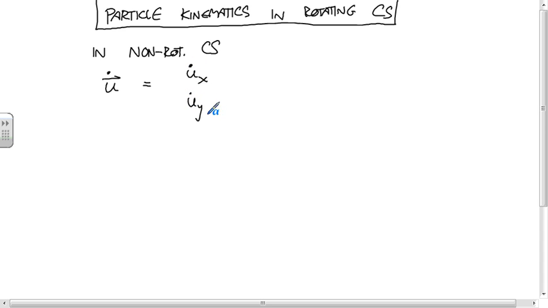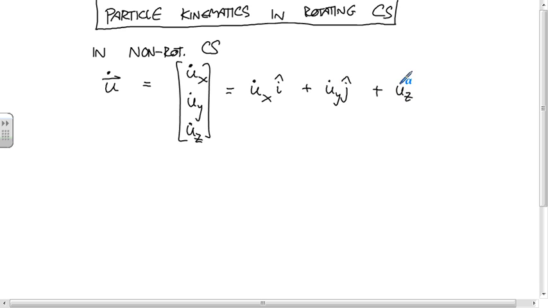You had practice problems like that at the beginning when we first talked about particle kinematics. Another way to write that is u dot is equal to ux dot times the unit vector in the direction of x plus uy dot times the unit vector in the direction of y plus uz dot times the unit vector in the direction of z.